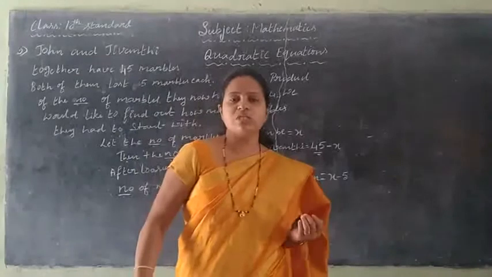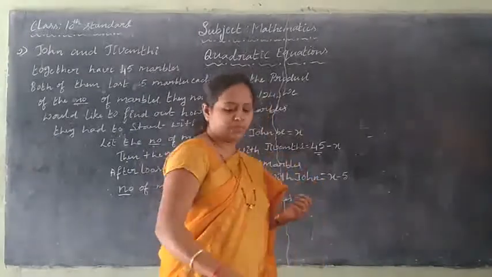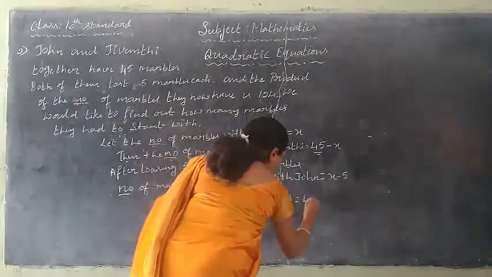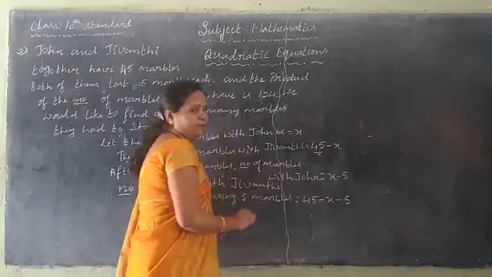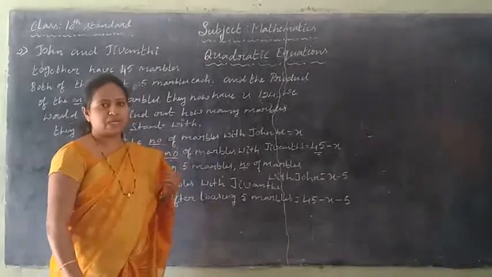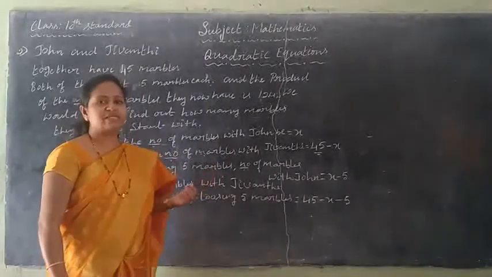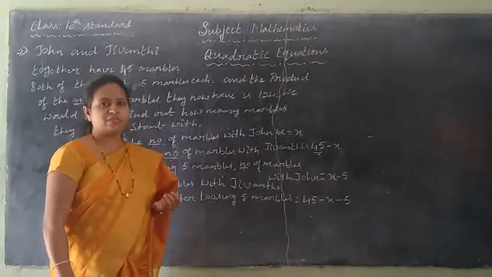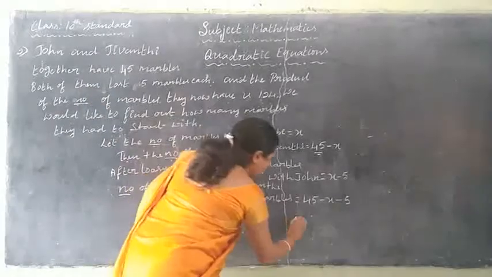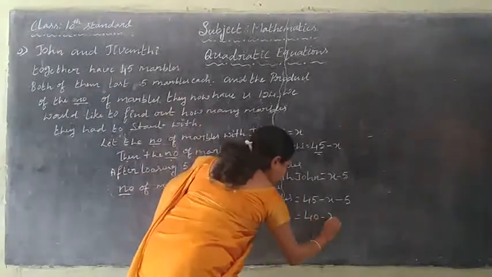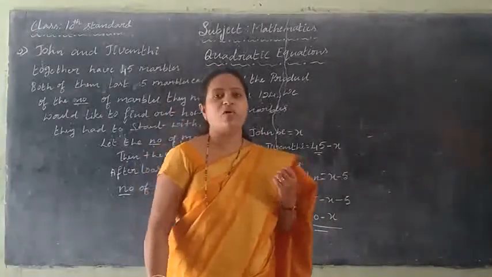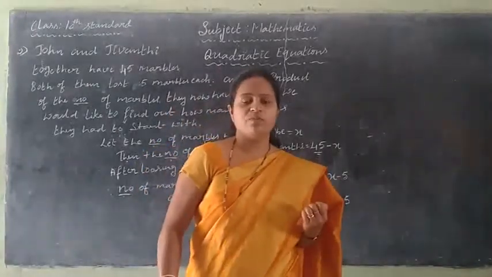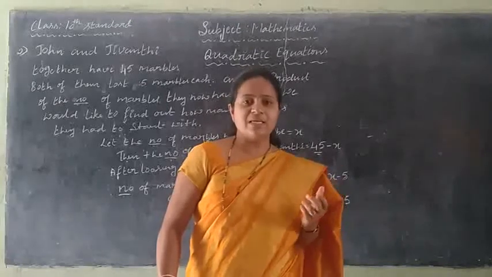She is going to lose 5 marbles, so it will be 45 minus x minus 5. From 45 subtract 5, how much will you get? 40, isn't it? So after losing 5 marbles, the number of marbles with Jivanti will be 40 minus x. Understood?